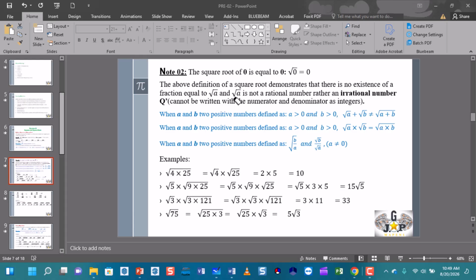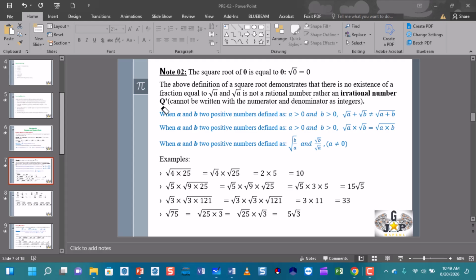And square root of a is not a rational number, rather an irrational number. So remember the different sets when it comes to numbers. We have N, N prime, and we have Q prime, we have R, and we have C. All right. So in this case, the square root lies in the set of irrational numbers, which means the Q prime.